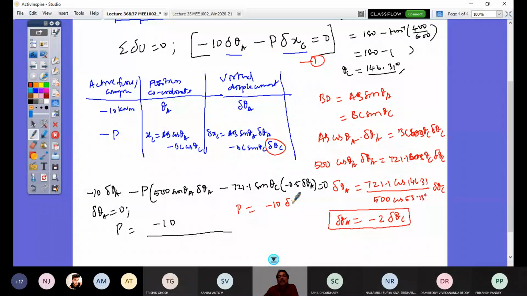So in this I should substitute now. So P would be into delta theta A here divided by delta XC. Delta XC is what I substituted here: 500 sine theta A into delta theta A. This is also plus. So 500 sine 53.13.